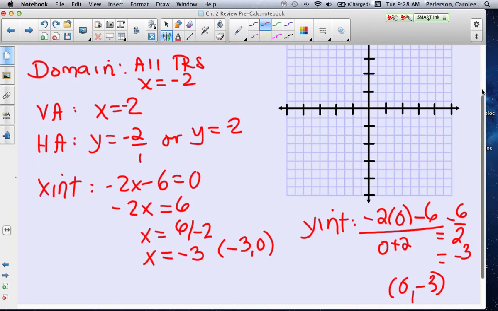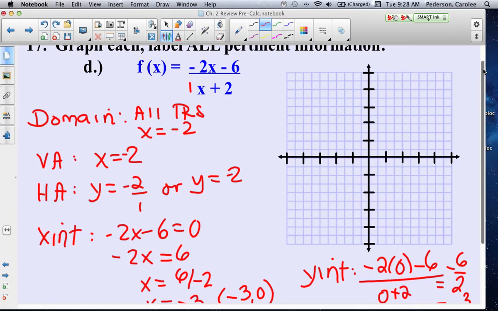Alright, so let's go up and see what we have for our graph. We have a vertical asymptote at negative 2. You'd want to label those things on your graph. Horizontal asymptote at negative 2. X-intercept of negative 3.